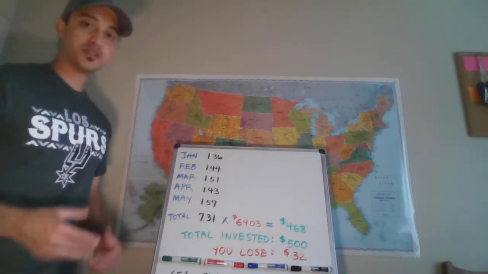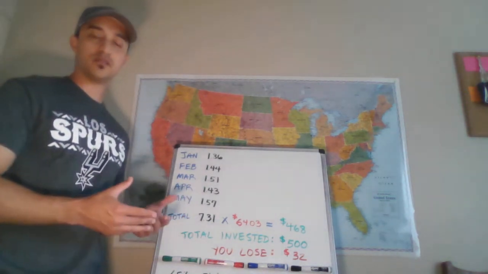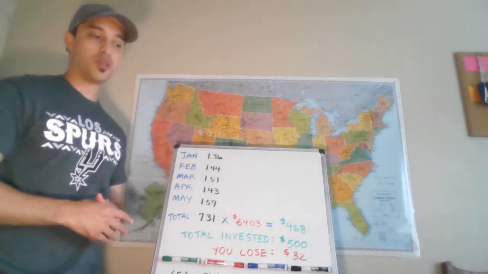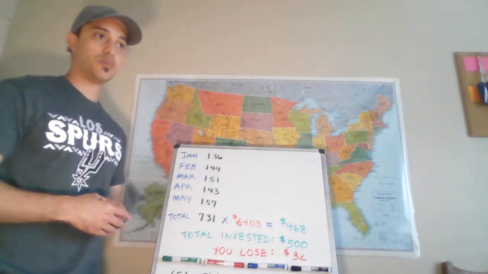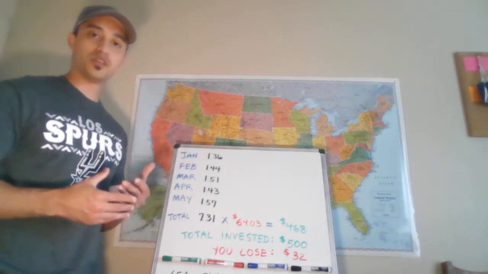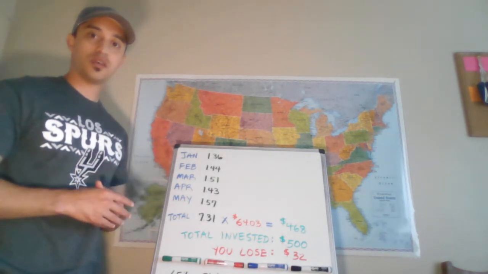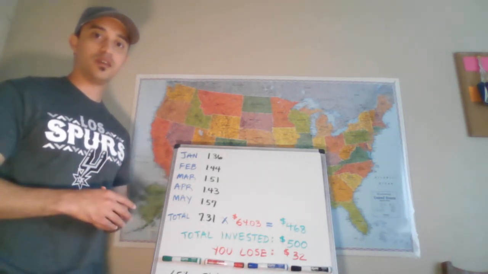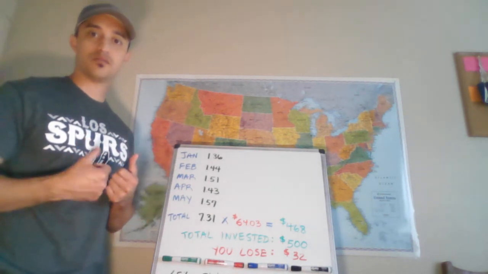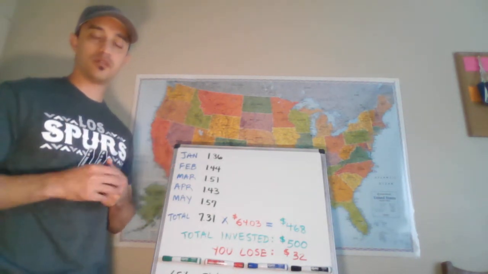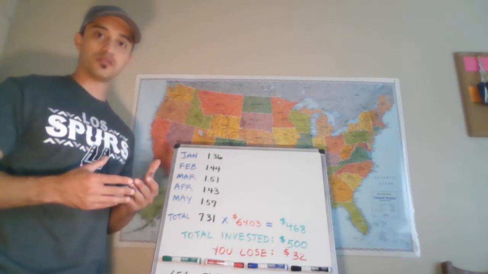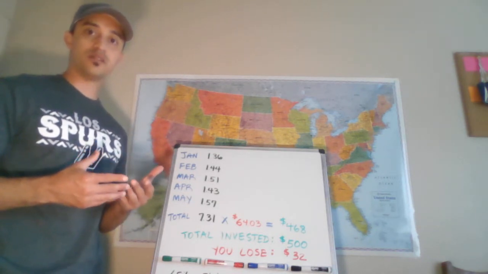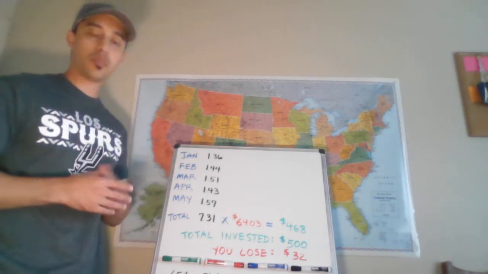Okay, let's just say yesterday was May the 27th. Let's just say you've been noticing the price hasn't been going up, it's not doing that great, and you decided to take your money out. You decided to get out of the mutual fund, okay?